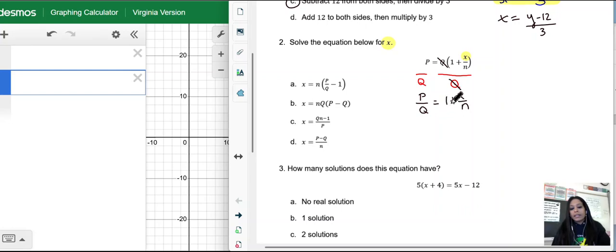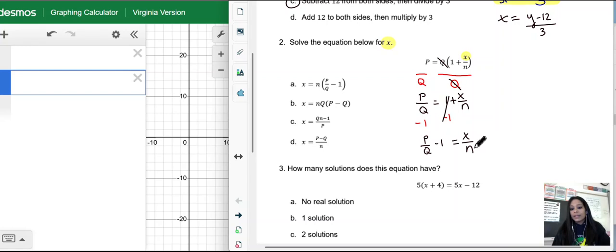And then here, I'm going to next go ahead and remove the constant term, the number that's not attached to my variable that I'm solving for. So I'm going to subtract both sides of the equal sign by 1. So that gets crossed out. And then I have p over q minus 1. I know it looks weird, but just go with it. P over q minus 1 equals x over n, okay?